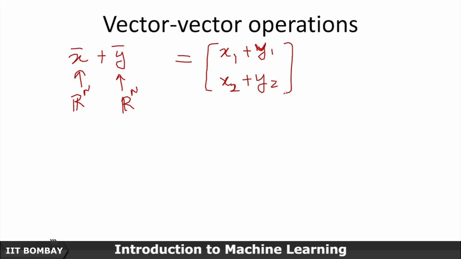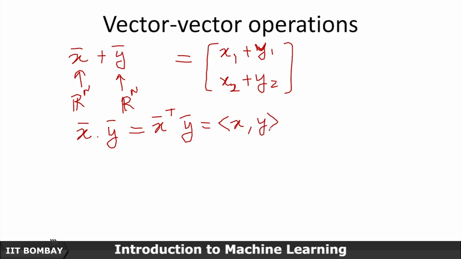The next vector to vector operation is the dot product. So you have x dot y. It is also written as x transpose y, and it is also written as angle bracket x comma y.